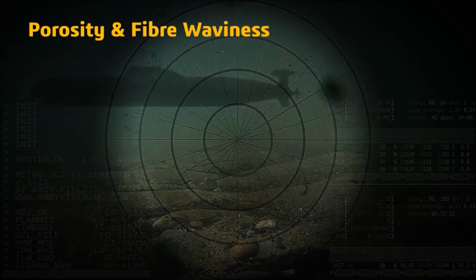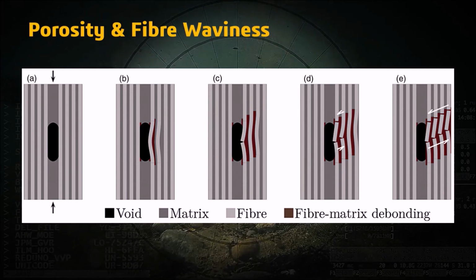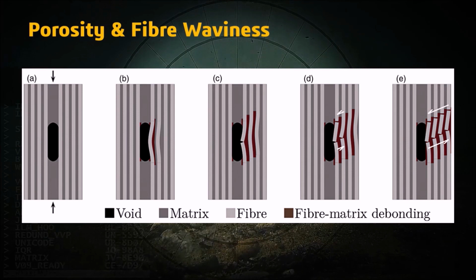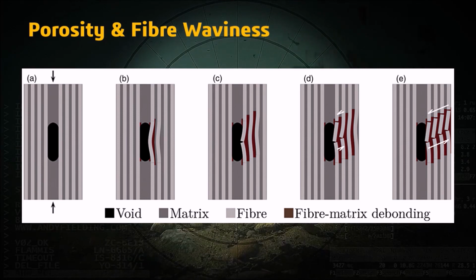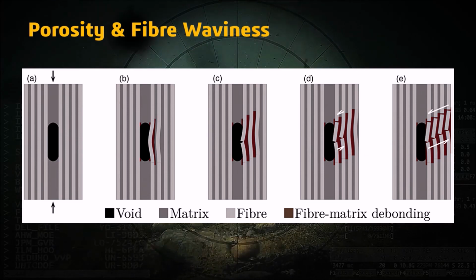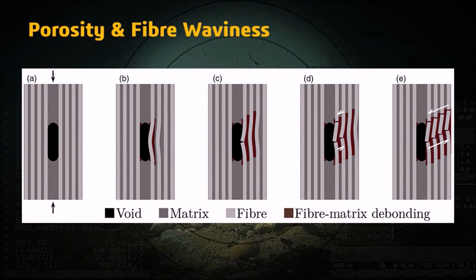This figure shows a schematic of the failure mechanisms influenced by a void for the extended model composite under longitudinal compression at different stages as shown on the screen here. The first step, as you can see, is the unloaded condition while you apply a compressive load. In the second diagram, it shows the longitudinal debonding as you see along here. In the third phase, you see fiber failure.